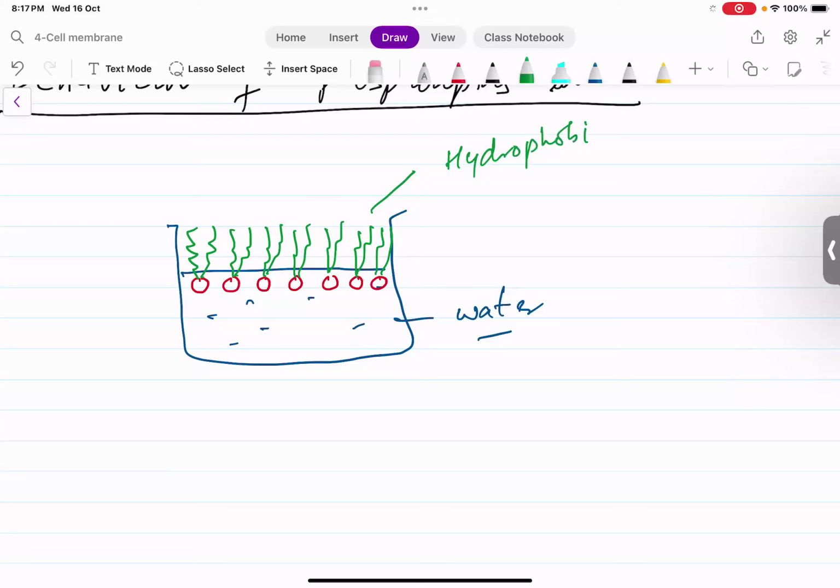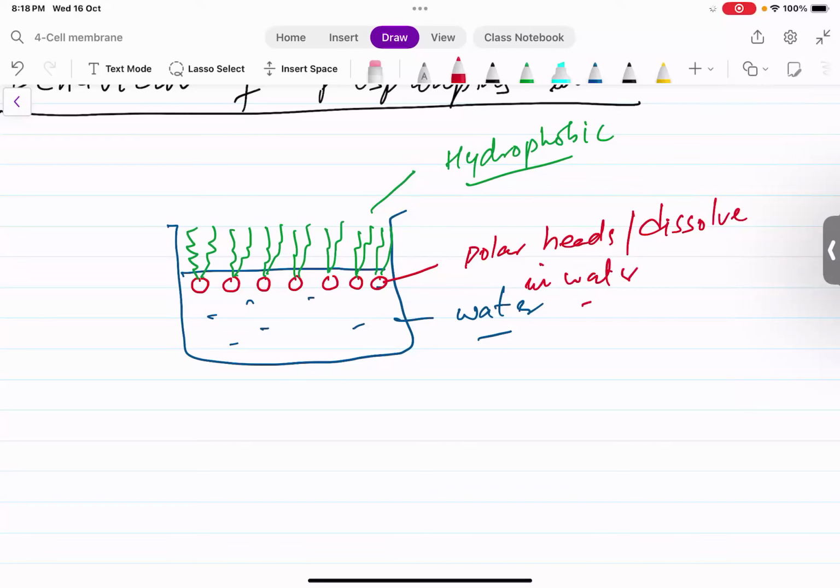So they move out of the water, whereas these polar heads dissolve in water. Okay, they make hydrogen bonding with water, and this makes a single layer of phospholipids on the surface of water, and this is known as a phospholipid monolayer.